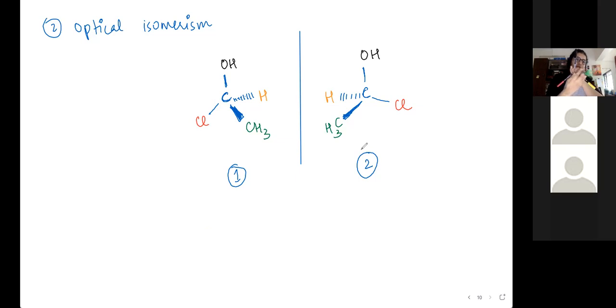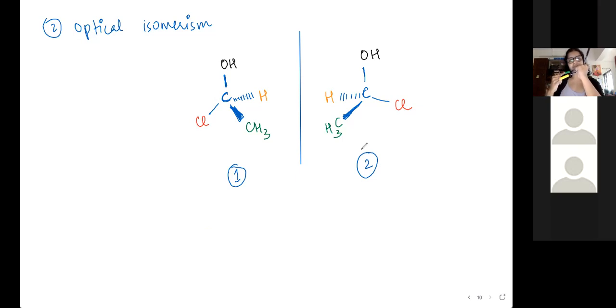Now what should I do to molecule 1 in order to get molecule 2 from it? How should I rotate it? You can rotate it like 180. Okay, hydrogen is on top, so I'll keep this constant, the OH will be constant. And now it's the second one. Are the hydrogen and CH3 matching?